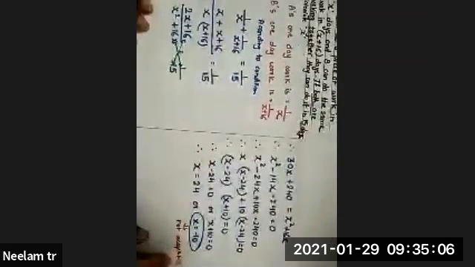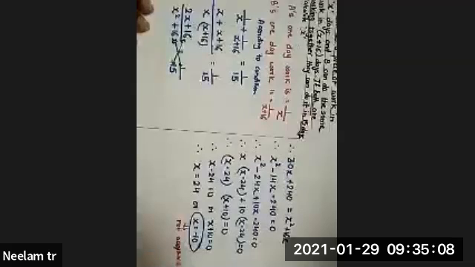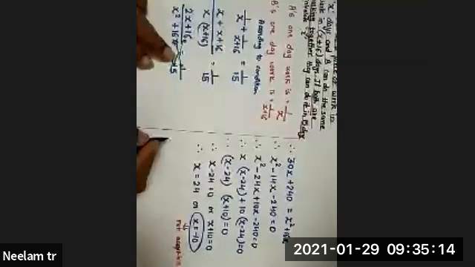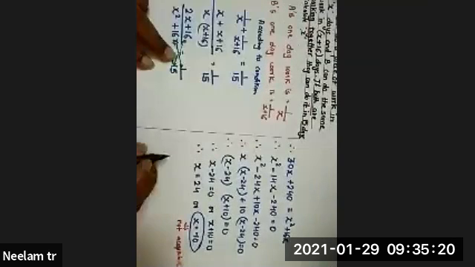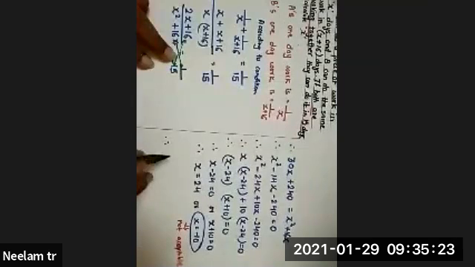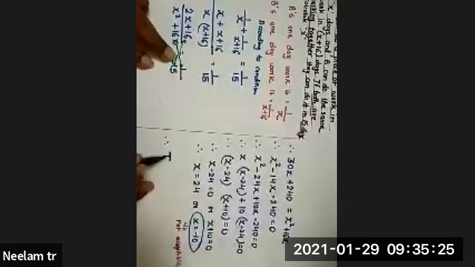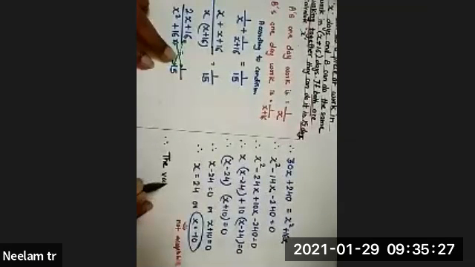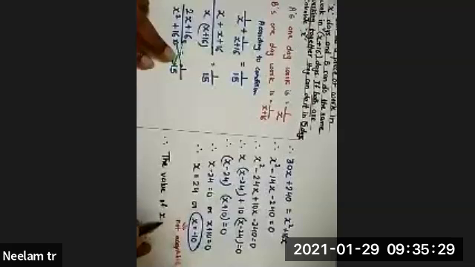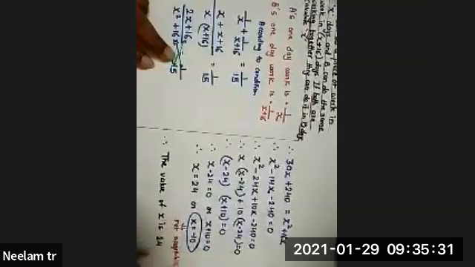You got the value of x. The value of x is 24.